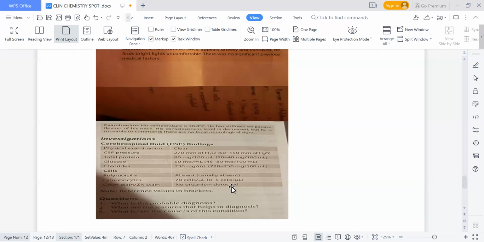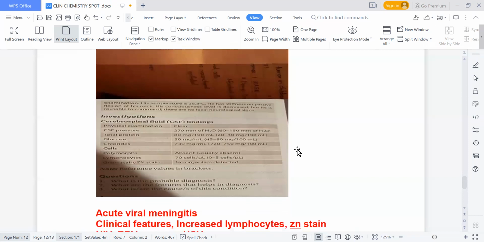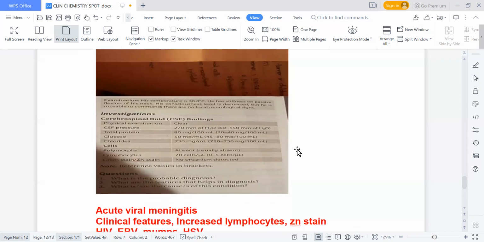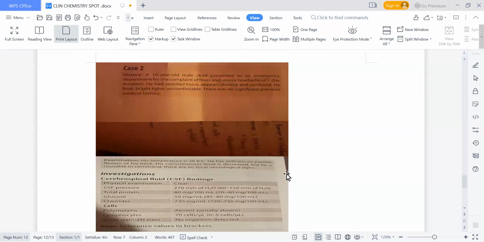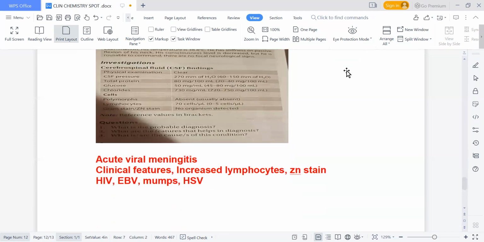So the answer could only be viral meningitis, and this is supported by an increase in lymphocytes. So number 2, what are the pictures that help in diagnosis? You can talk about the cells and the clinical picture.